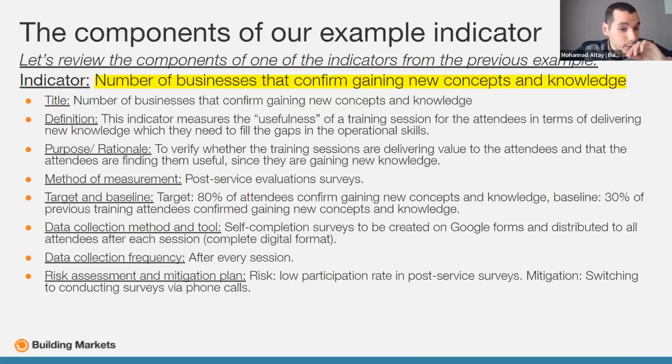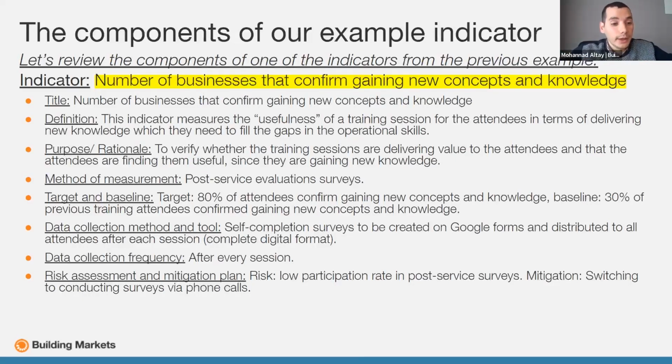This is where you need to reassess the service, reassess the quality of the service, because only 40% of the trainees are gaining new knowledge. That means something is wrong. That's why it is important to pay attention to the realization against your target, to make sure everything is reasonable and acceptable.